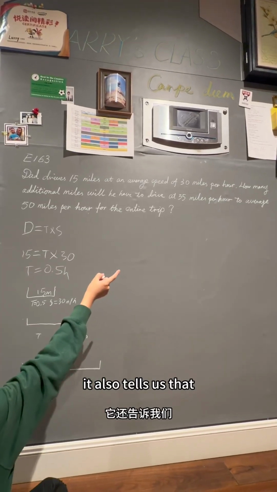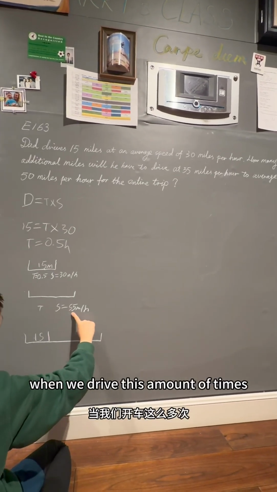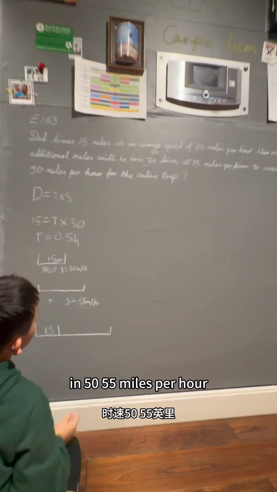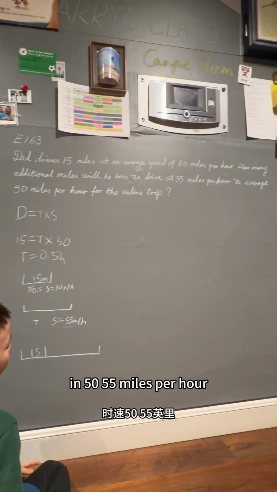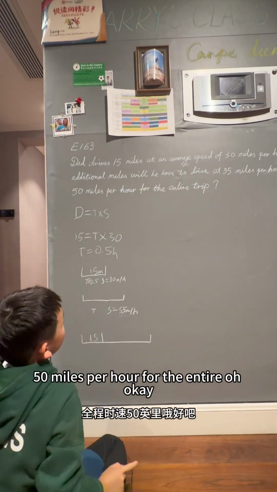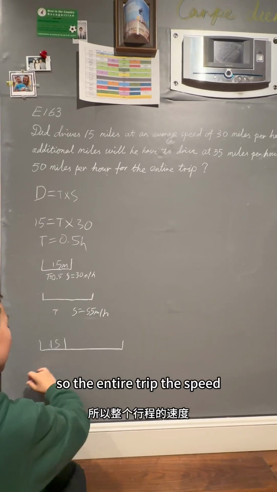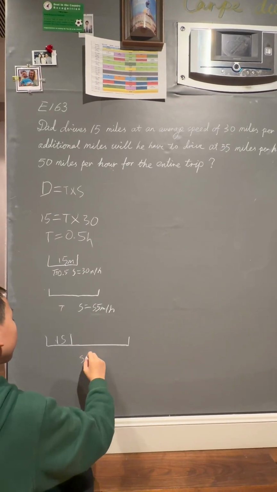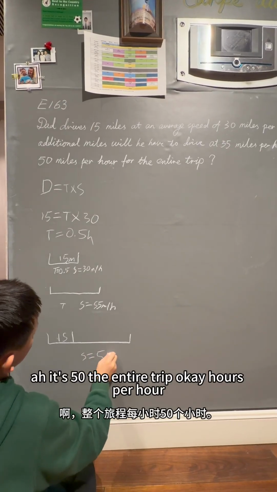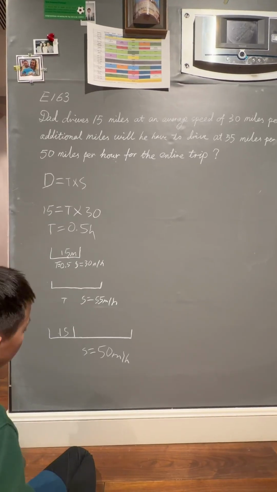It also tells us that when we drive this amount of time at 55 miles per hour, you can average 50 miles per hour for the entire trip. So for the entire trip, the speed is 50 miles per hour.